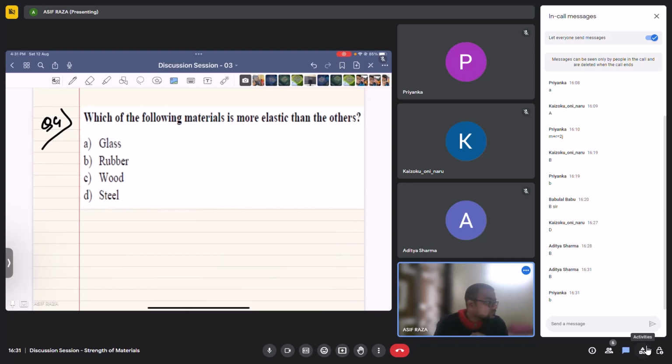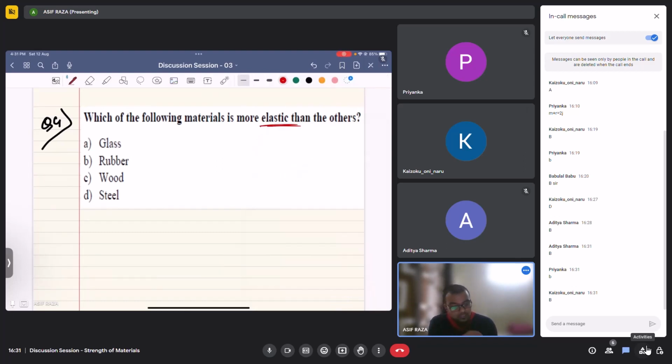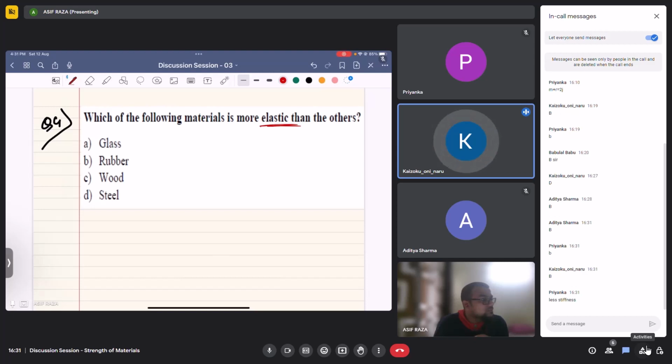What about Shiva? You haven't given your answer. B only. Okay. If I may ask you all, what do you understand by elastic? If I say a material is elastic, what do you mean by that? The material which deforms and comes back to its original position, sir. Yes.